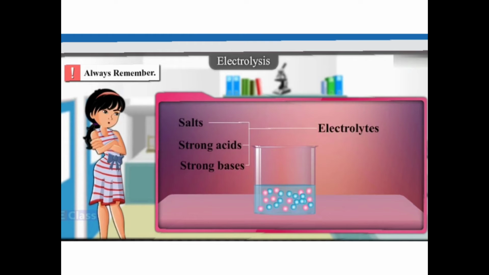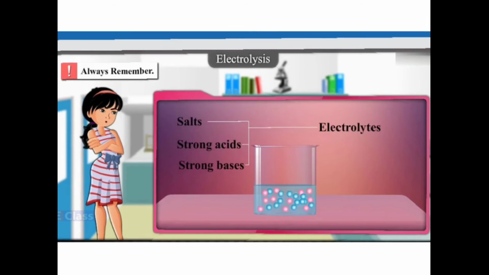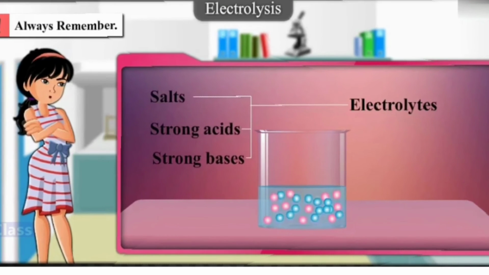Okay. So the concentration of the H ion or OH ion formed by the dissociation of water is very low. How much? Just 1 into 10 raised to minus 7 moles per liter for each ion.